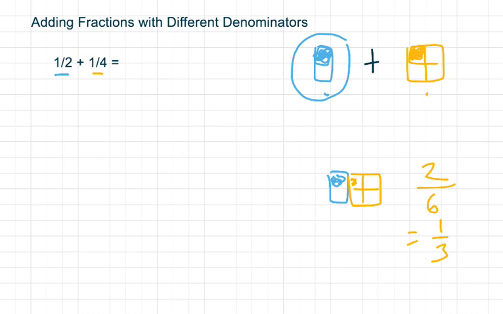So you can't just add them together because of the different size of the pieces of fractions. So let's get rid of that. That's why you can't just simply add them together.